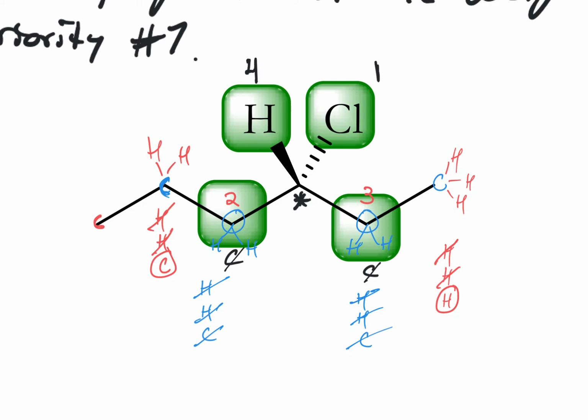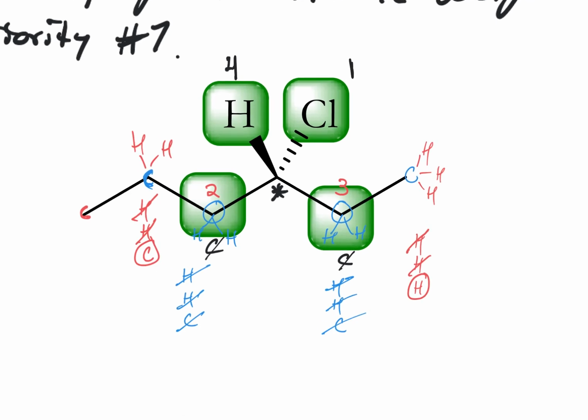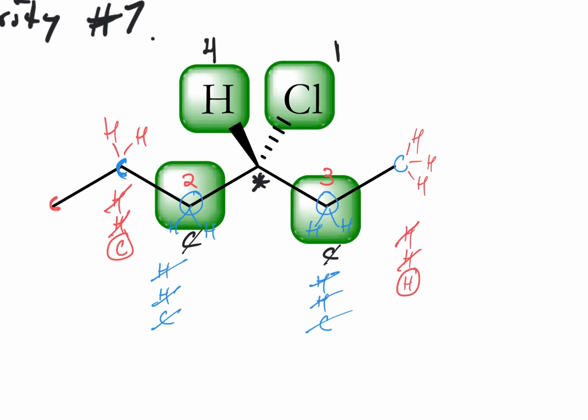The shorthand for the point of first difference rule is if the chains are linear, go for the longer chain. That's always going to work. But these chains could be branched, and that's going to affect things.